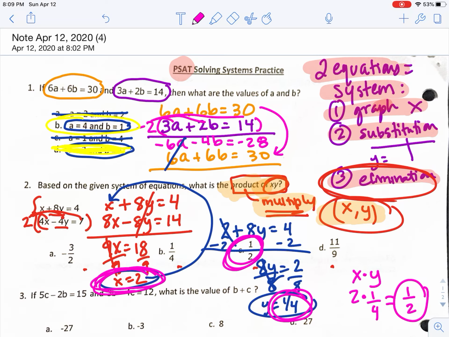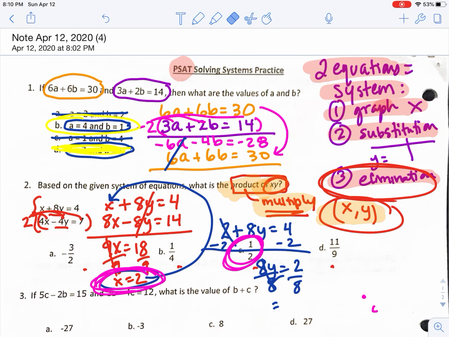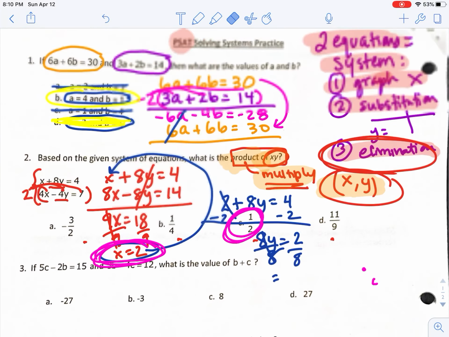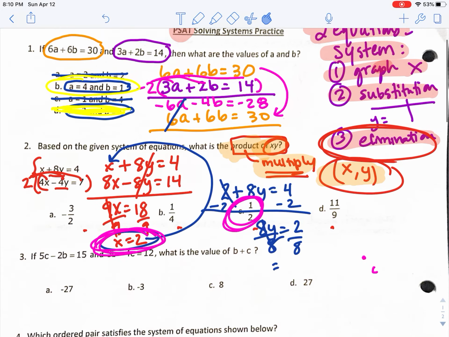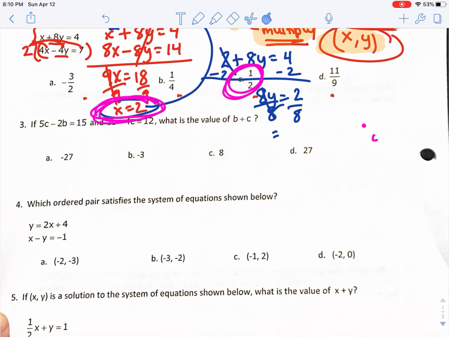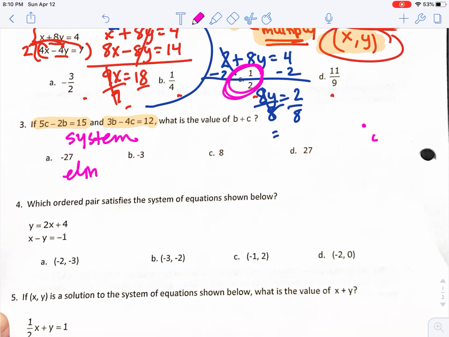I want you guys to try. I'll give you some hints. Let me erase and you guys can see this now. Oops, went too far. I want you guys to try number 3. It's very similar. Okay, you've got one equation, another equation. So there's your system. I would probably use elimination since they're in that format. But then look what it's asking.